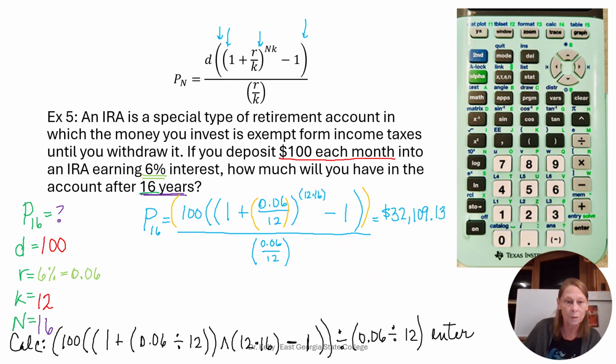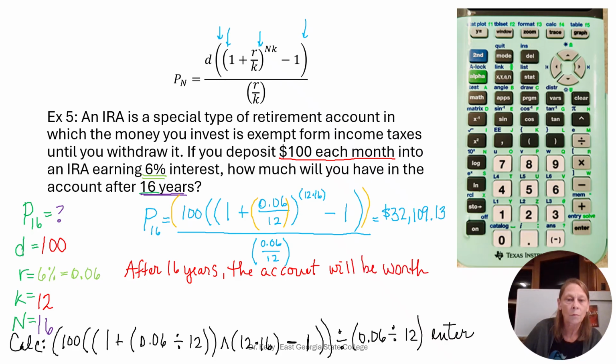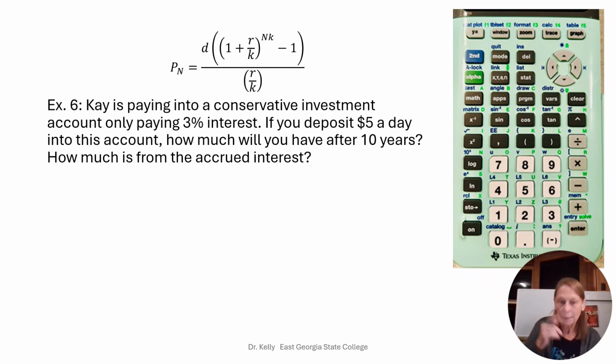So we will say after 16 years, the account will be worth $32,109.13. Okay, there's our answer. All right, we're getting close, y'all.